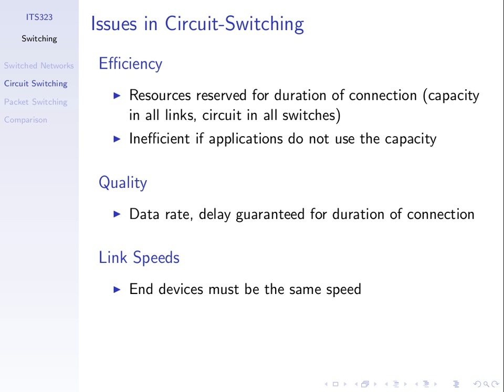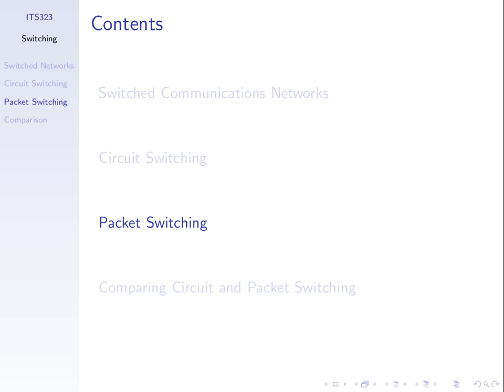So let's look at a different approach, packet switching. Recall, with circuit switching, we establish a circuit. Once it's connected, we send our data, and think of it as we send a signal representing that data. There's no concept of packets or headers.